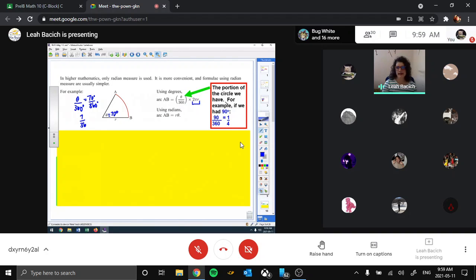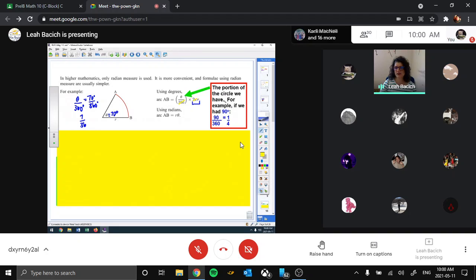So arc AB, if I actually look at what I have here, what happens to this little formula? 2 pi, what's 2 pi? Isn't that 360 degrees? So wouldn't these guys just cancel, only be left with theta, r, or you can write it as r theta, it doesn't matter. So to find the arc length, that's what you would be doing. You would be multiplying the radius times theta.